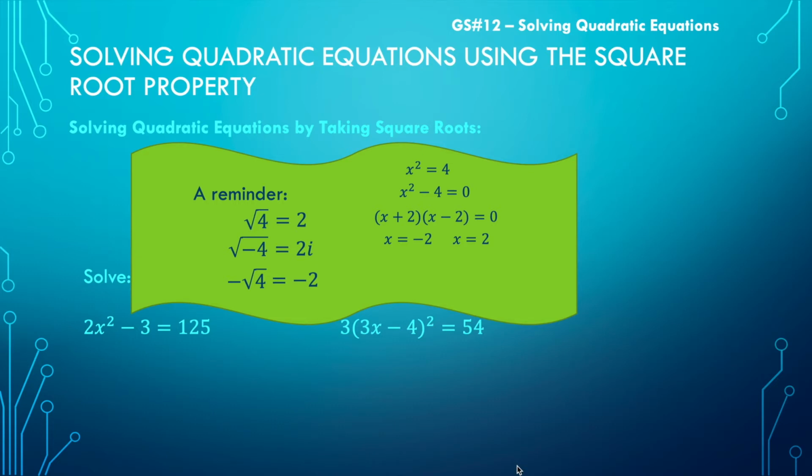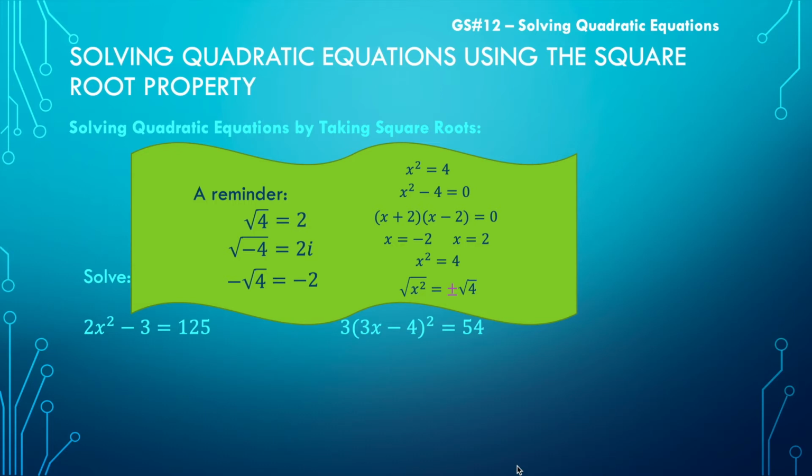So that leads us to this important thing to remember. When you have an equation such as x squared equals 4, we need to remember that when we take the square root of both sides of this equation, we are finding all possible things that actually satisfy the equation.